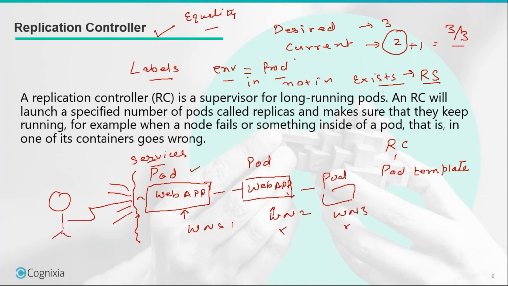So this is the equality based replication controller, and replica set is set based because we are going to use these operators to create the expressions in the replica set. So that's why we call replica set the next generation of replication controller. Let me move to the next slide.